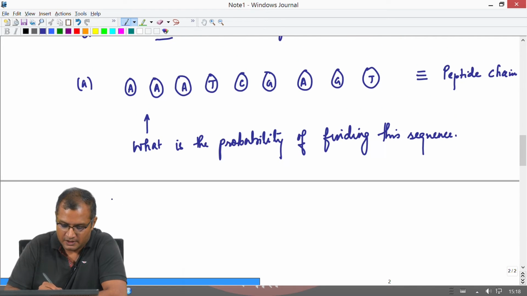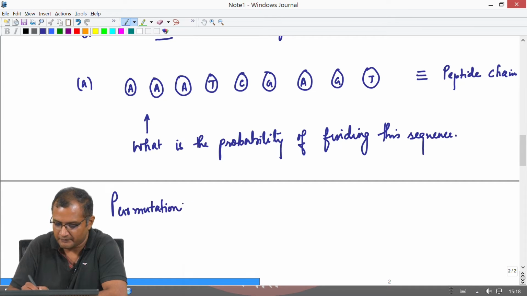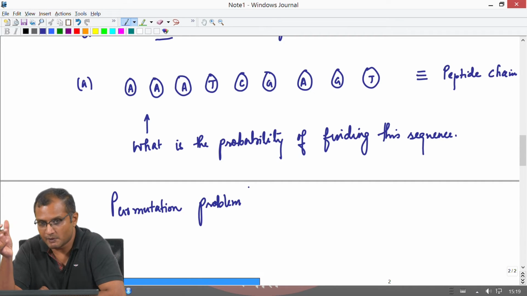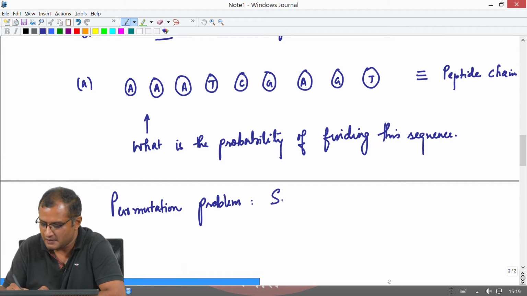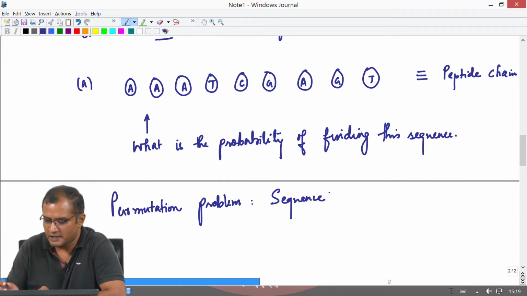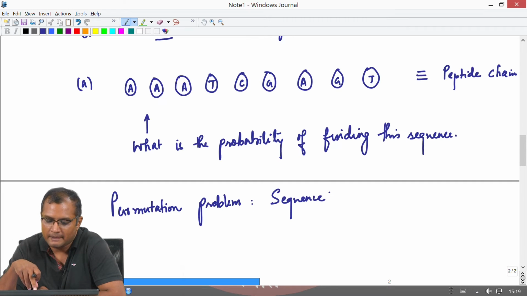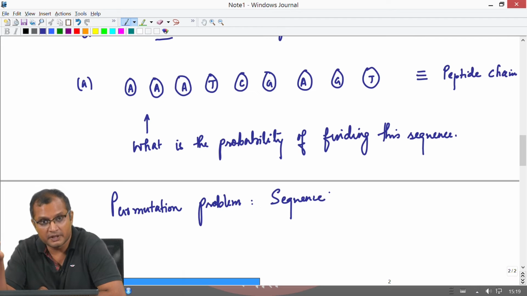So, this is already a permutation problem, because here the exact sequence of the monomers is important. If I would change the relative positions of T and C, then the peptide chain would be different.